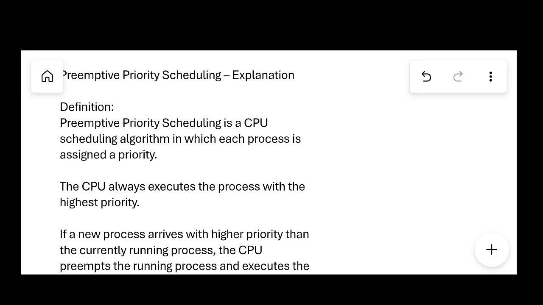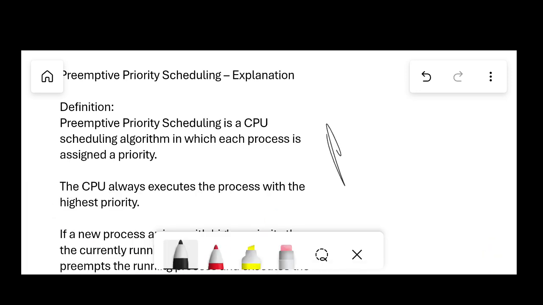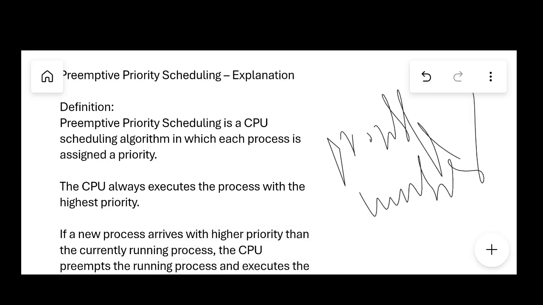So what is preemptive priority scheduling? In this method each process has a priority number. The CPU always works on the process with the highest priority.